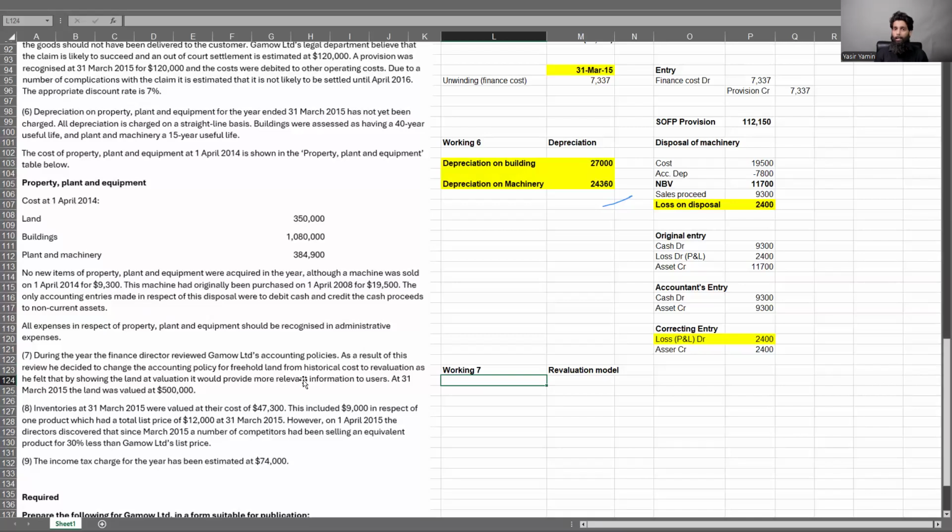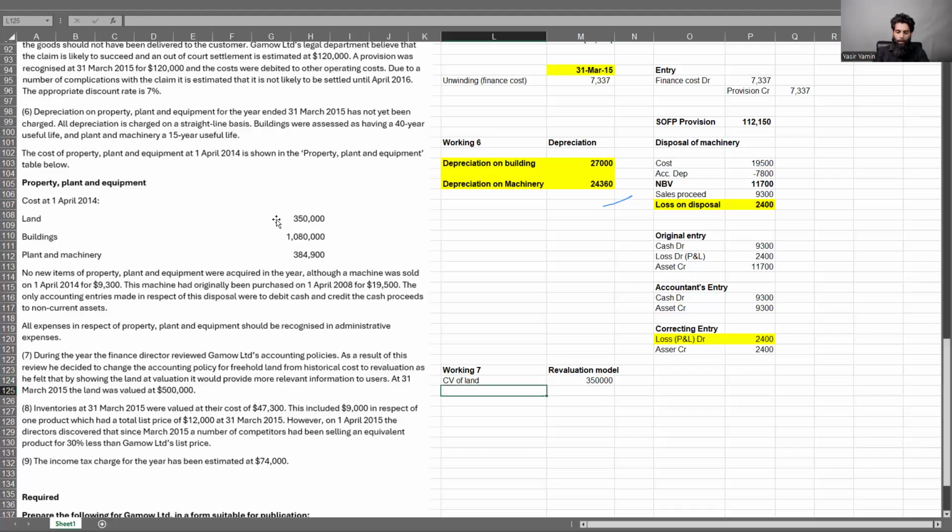IAS 8 allows a change in accounting policy, which is either required by the standard or results in more faithful representation. This change is allowed. It says that at 31st March 2015, which is the year end, the land was to be valued at 500,000. The carrying value of land in your books right now is 350,000.